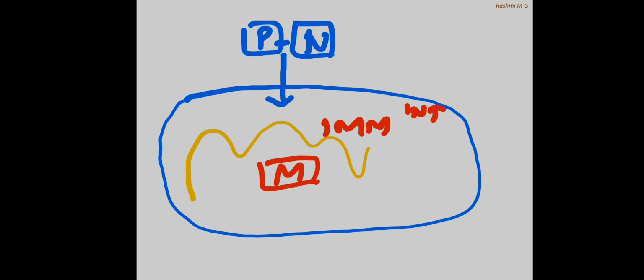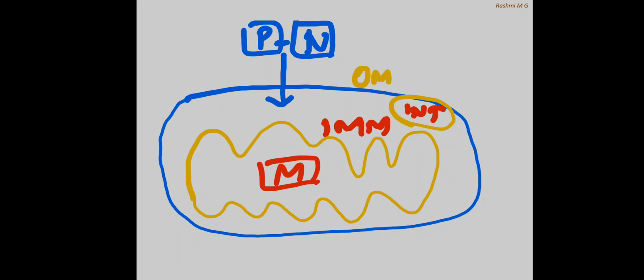See, this is the matrix, this is the inner membrane, and the space between the outer membrane and inner mitochondrial membrane is termed the intermembrane space.